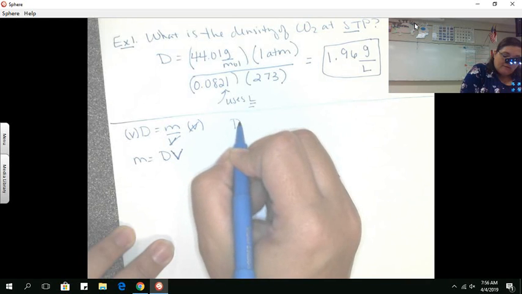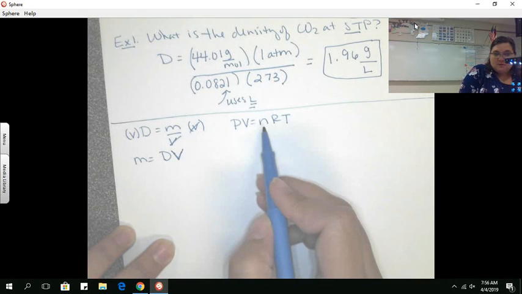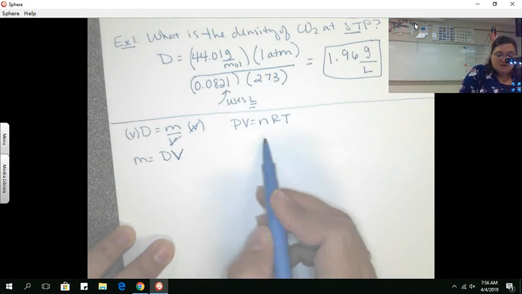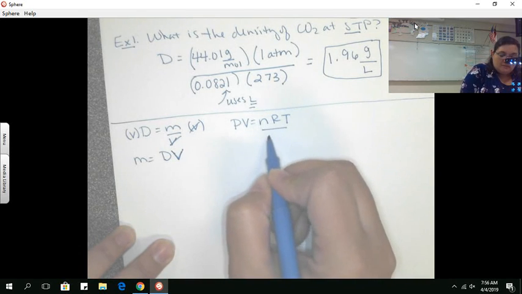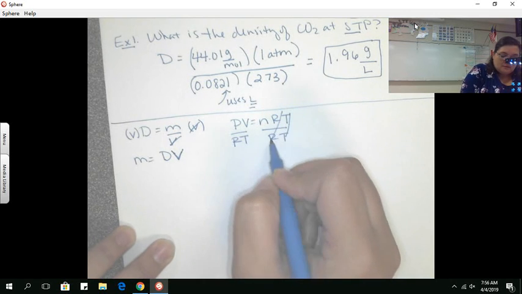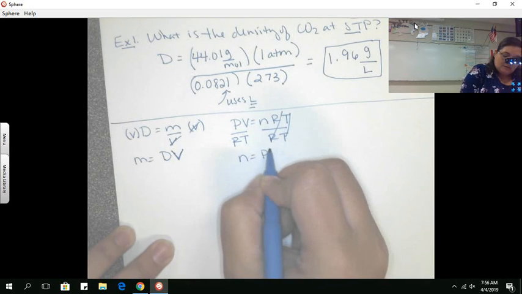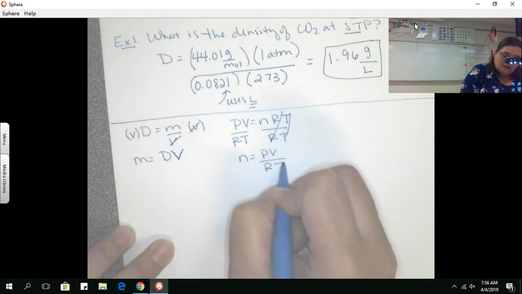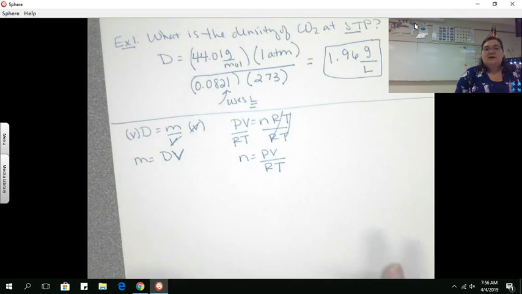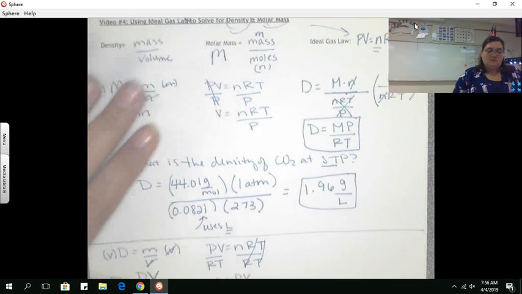So we have PV equals nRT. Now to solve for moles, right, I need to get RT over here. So just divide both sides by RT. And that will give us that moles are equal to PV divided by RT. So now we can plug into our equation for molar mass, which is mass divided by moles.